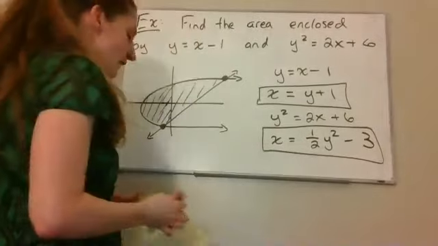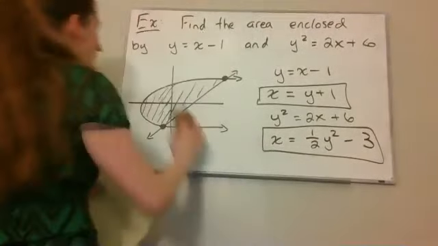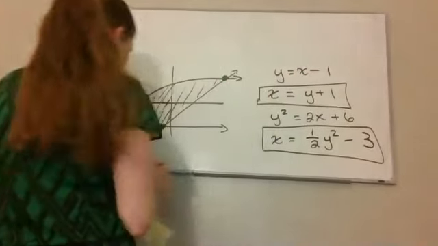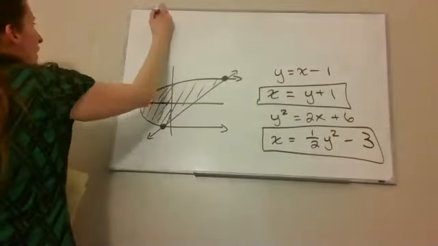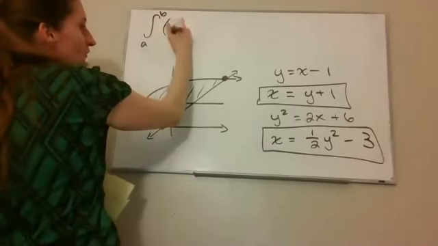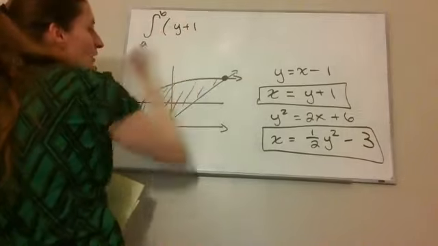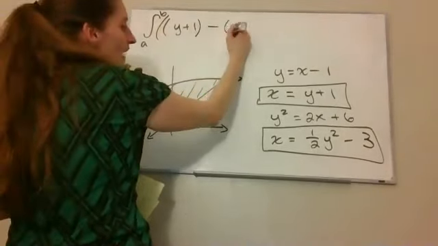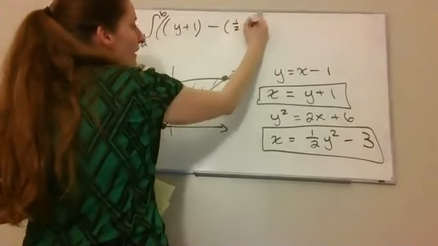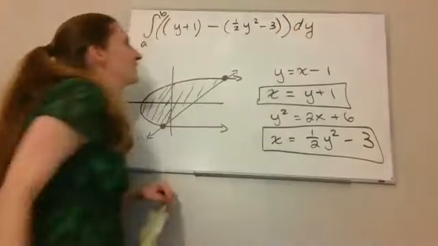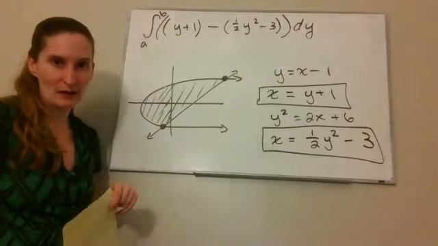So in order to set this stuff up, we are going to have an integral from some value to some value of the right function, y plus 1, minus the one on the left, 1/2 y squared minus 3. And I'm using a lot of parentheses just to make sure I get all of my signs correct.